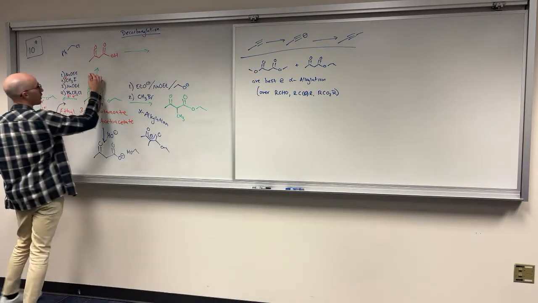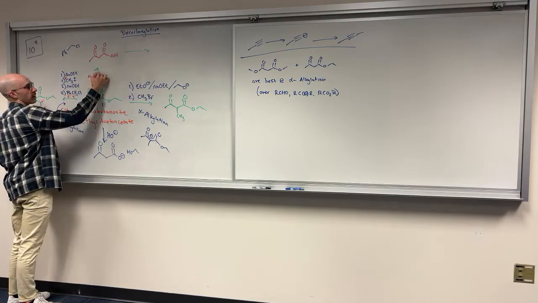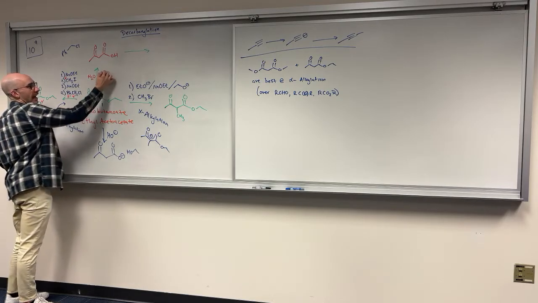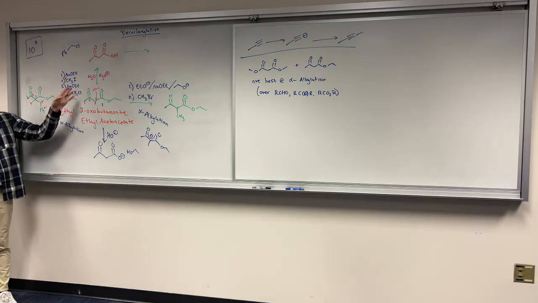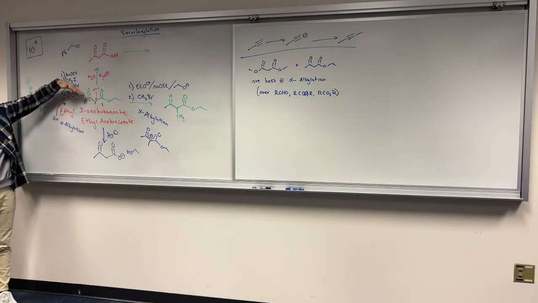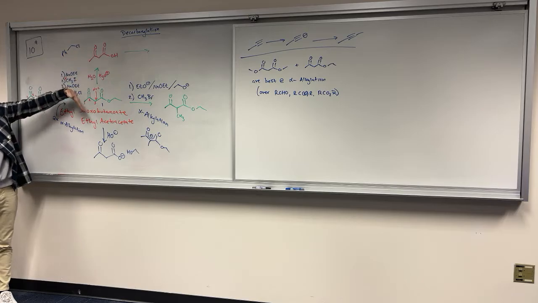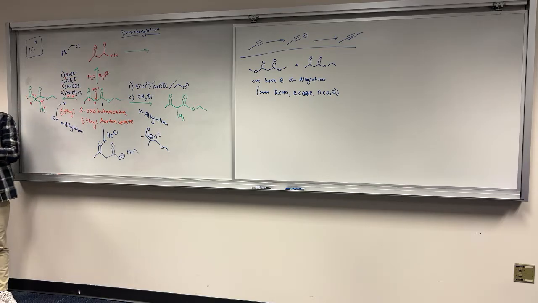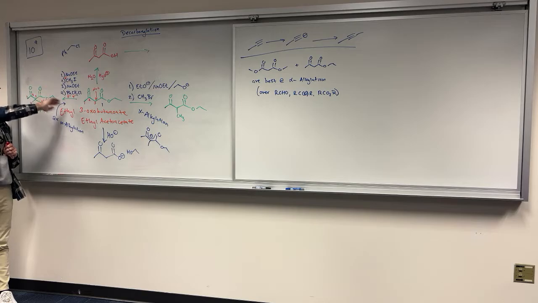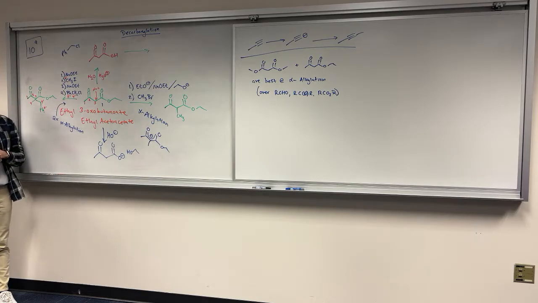Or we could just put H2O, H3O+, acid catalyzed hydrolysis. When you were doing esterification in your lab projects, it was the equilibrium between these two reactions that we wanted to try and overcome and get a good yield. We could have also put first OH minus, second H3O+. Would have done the exact same thing.